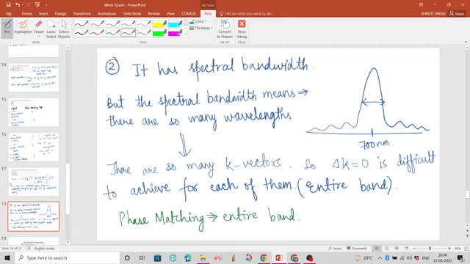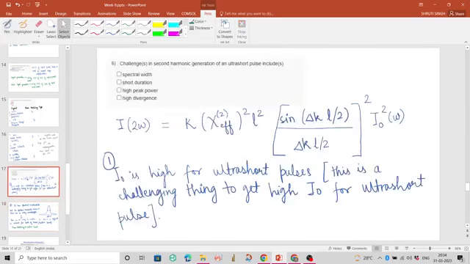Correct? And which is a difficult thing to achieve, right? So these two are the challenges if we are using ultra short pulses for generating second harmonic. So answer to this question will be spectral width and this high peak power.